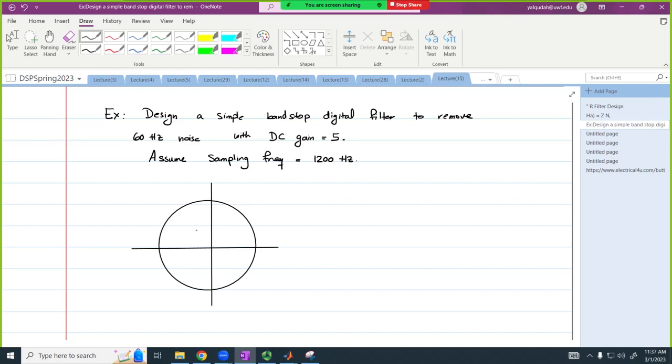We're going to convert it to an omega, yes. So W, the continuous time frequency, is 2 pi multiplied by 60 hertz, and this is in radians per second. What I want to find is omega 1. What is omega equal to?